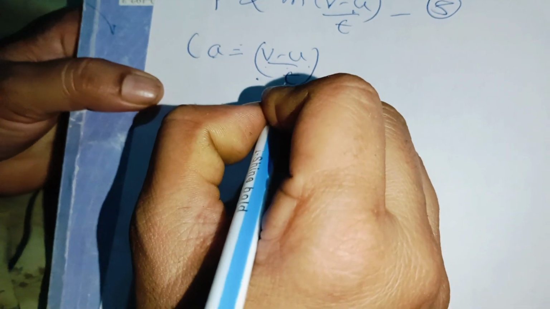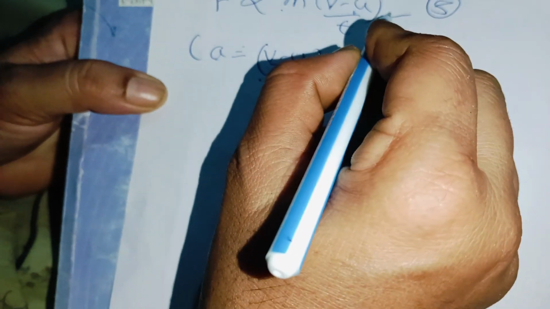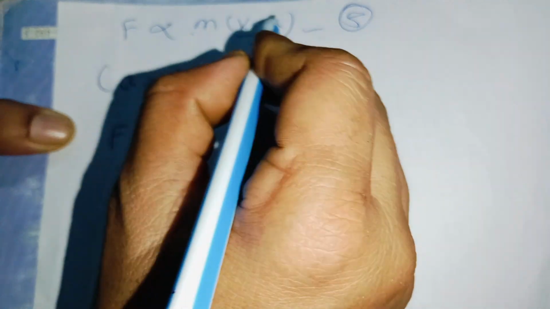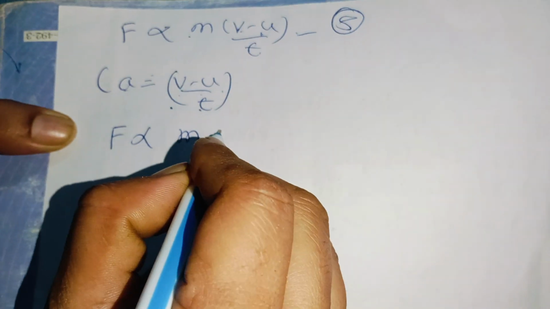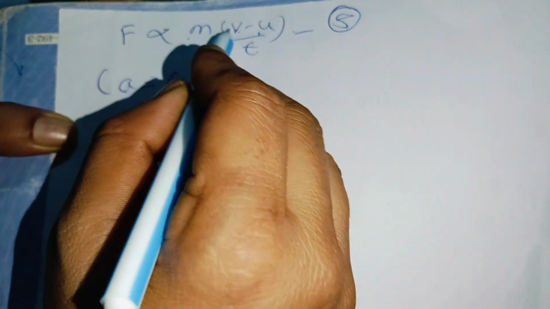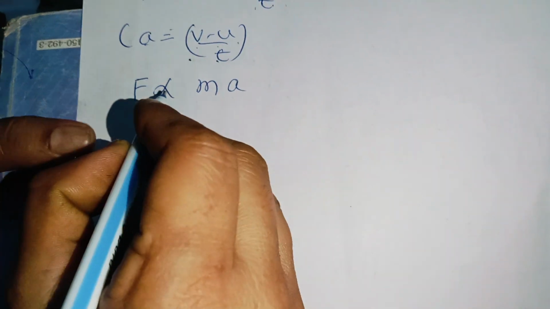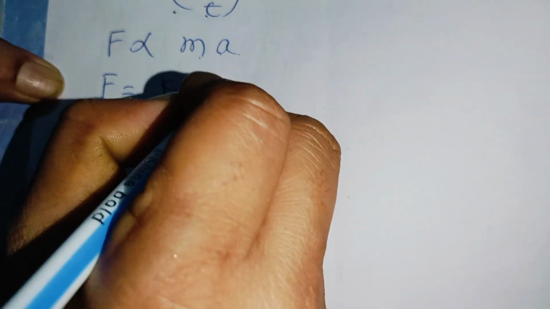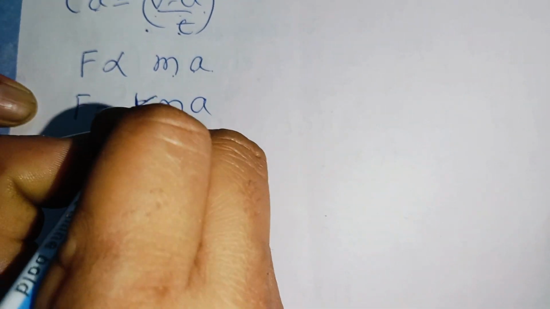We know that acceleration a is equal to v minus u divided by t. Substitute in equation number 5. So we get F is directly proportional to m into v minus u divided by t. Write a in place of v minus u divided by t. So F is directly proportional to m into a. Now we can write F is equal to k into m a. Write k as the proportionality constant.